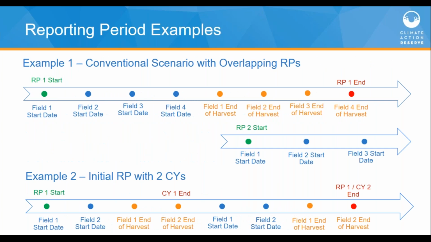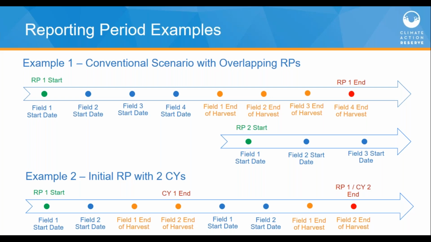So as we can see, just some quick examples here, of what it might look like with that conventional scenario, and as if there's overlapping reporting periods. So the reporting period wouldn't end until all fields within the project have completed their harvest, but the reporting period also begins on day 1 of the cultivation year for that earliest field.